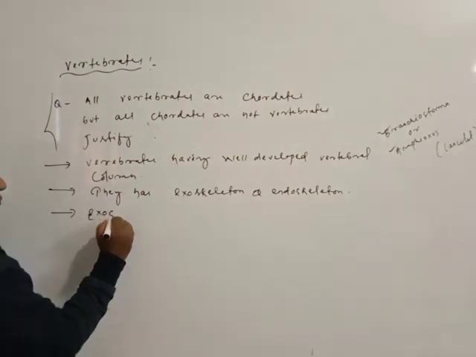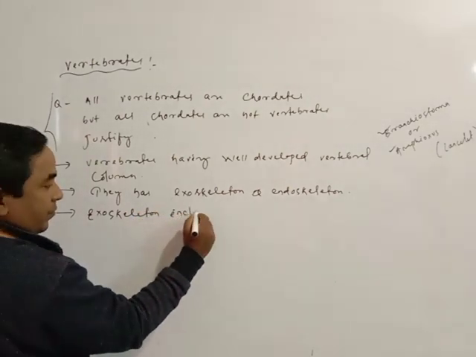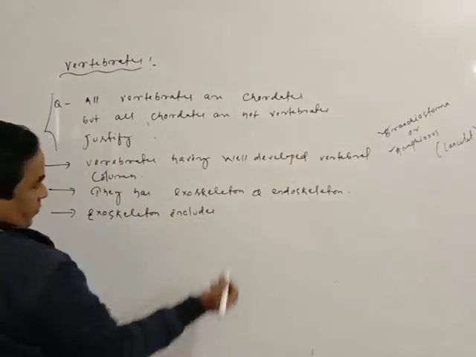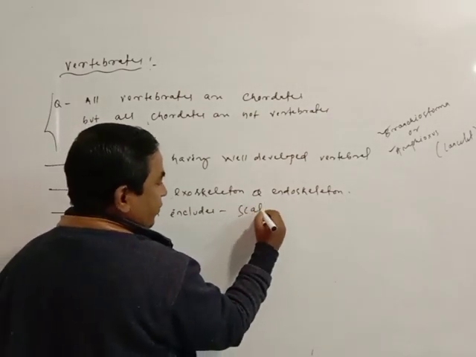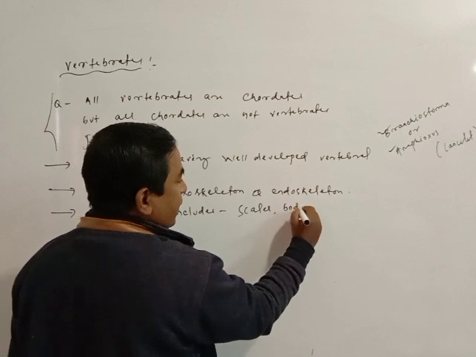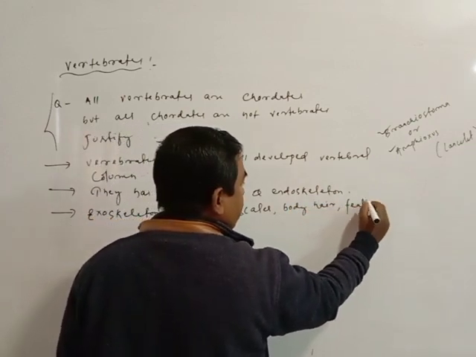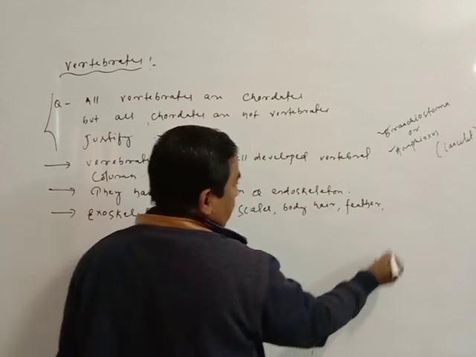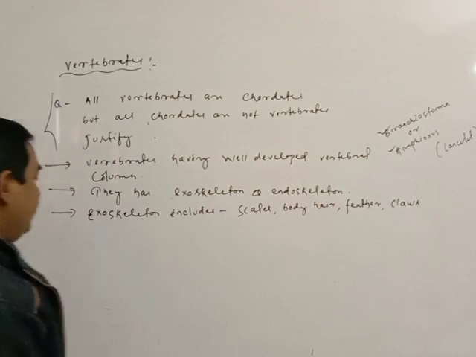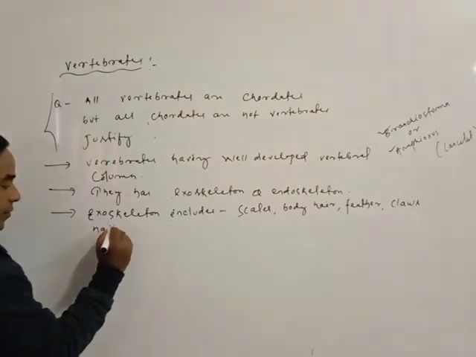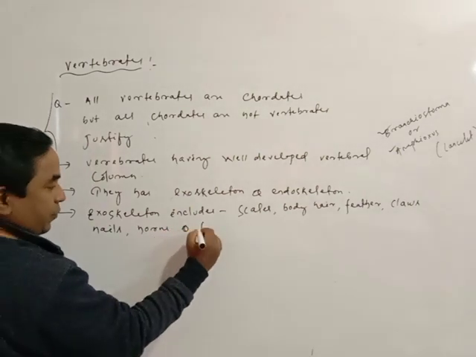Exoskeleton includes scales, body hair, feathers, claws, nails, horns, and hooves.